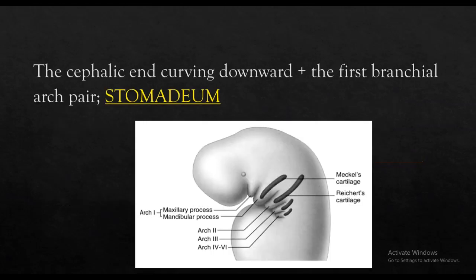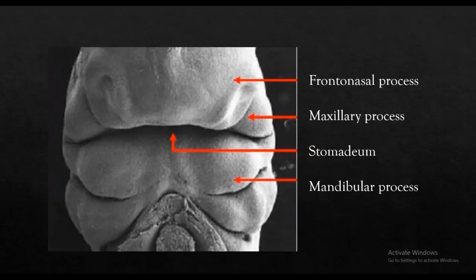The cephalic end curving downward and the first branchial arch pair form the primitive oral cavity called stomodeum. The cephalic end curving down forms the frontonasal process. The mandibular arch, forming the lower lateral border of the stomodeum, gives off a bud called the maxillary process.